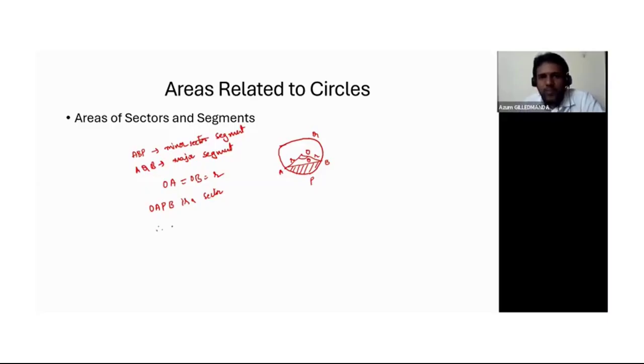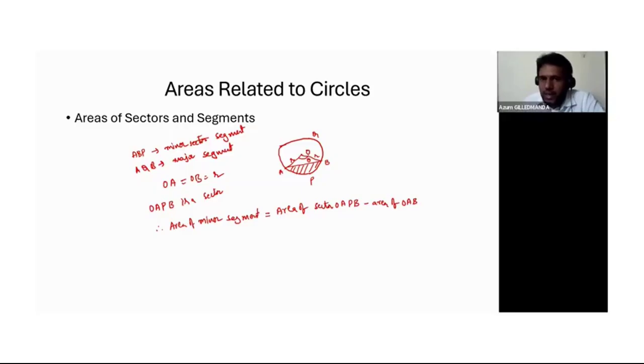So therefore, the area of the minor segment, listen carefully, equals the area of the sector. What is that sector? OAPB, right? OAPB sector minus the area of OAB, that triangle.